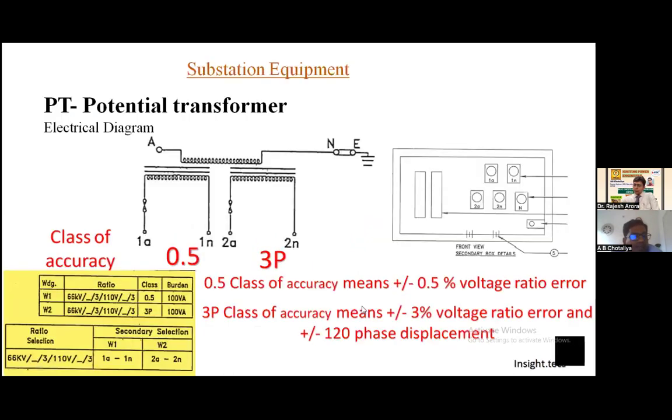Now these two cores are also separated by accuracy class. The first core is 0.5% error at 100% voltage, and the second core is 3P, and 3P is 3% voltage ratio error and 120-degree phase displacement.